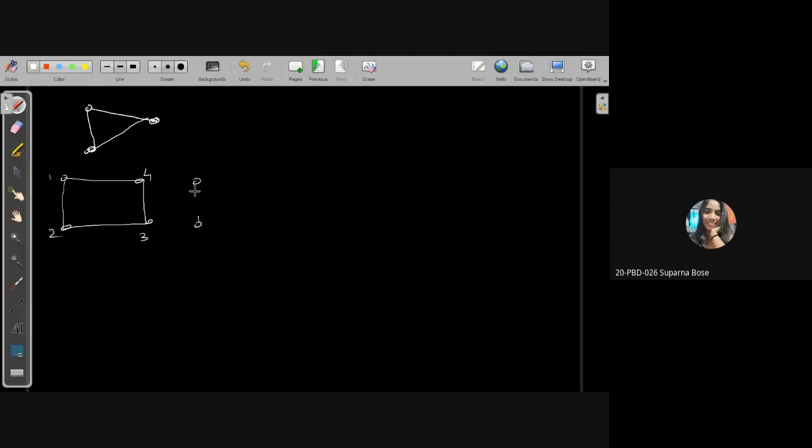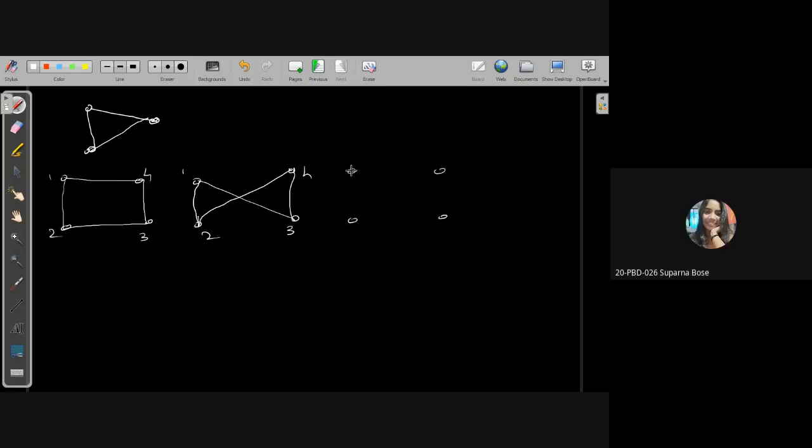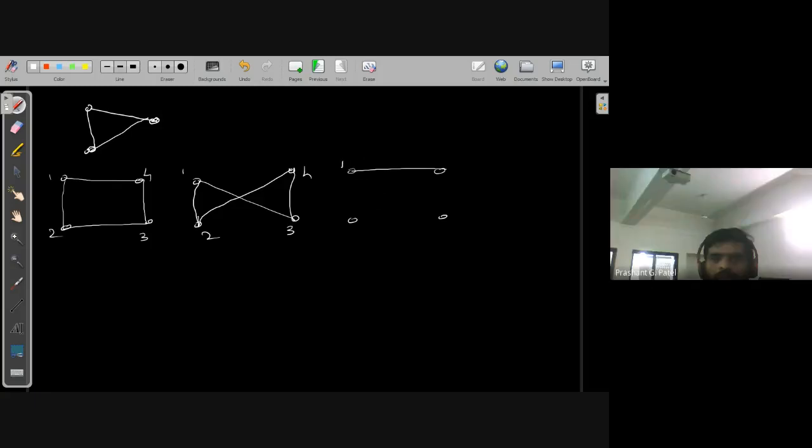One, three, four, two. You can go in this way. Is there any other? One, four, two, three, one. Okay, so these are the possible Hamiltonian cycles we have in this case.